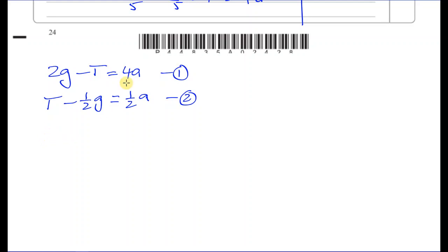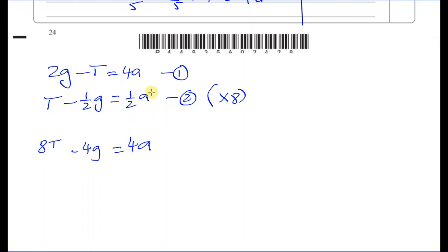But let's find the tension in the string, as we're asked to find that. So we can make the accelerations the same. For example, I can multiply this by 8, since a half times 8 gives me 4. So this will become 4a minus 4g equals 8T.